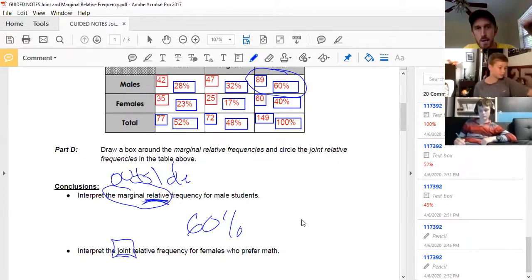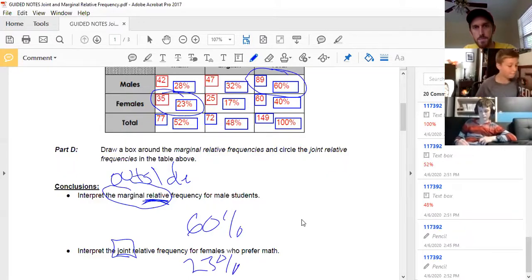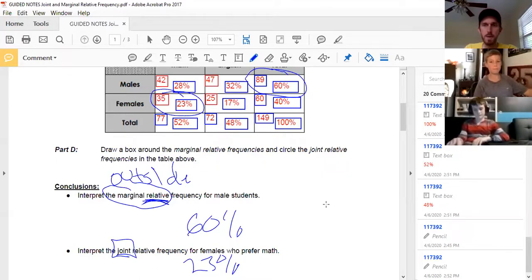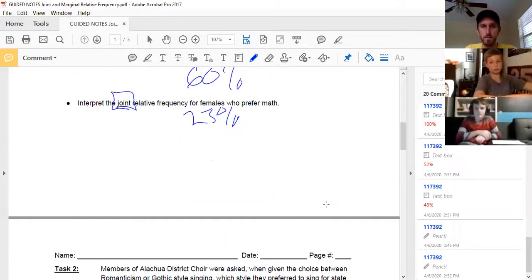Joint means like on the inside. We're talking about females who prefer math, which is this number right here. So 23%, we already did it. Nice. So we're just taking what we had already done with two-way frequency tables. Everything just has to add up perfectly. But when we're talking about relative frequency, we're talking about the percentage relative to the total, okay?